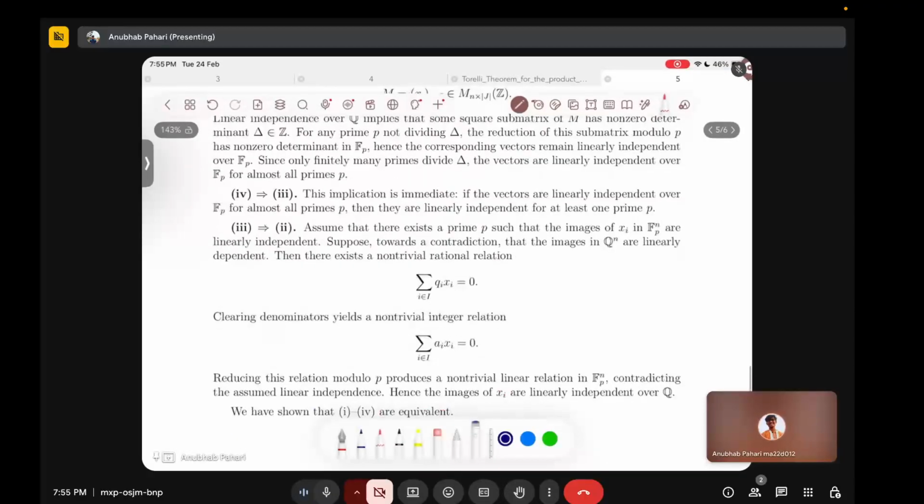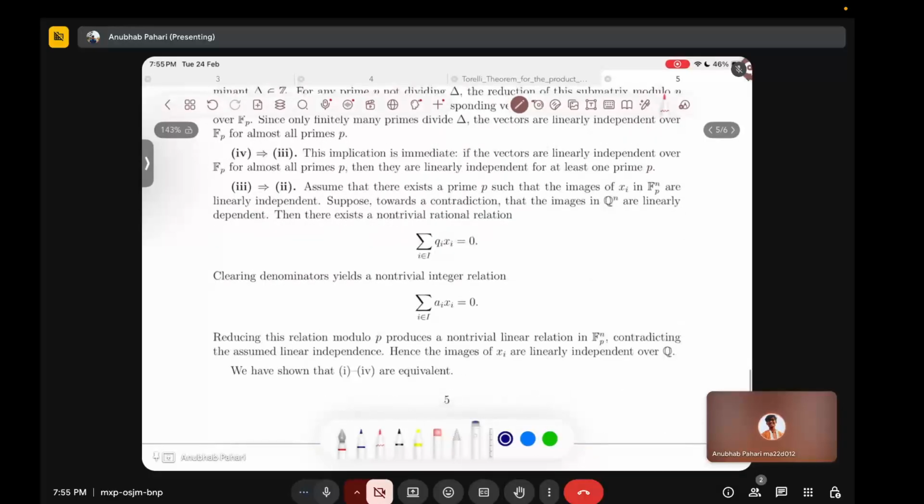So this is trivial. Now for 3 implies 2, assume that there exists a prime p such that images of xi in Fp are linearly independent. And suppose we say that the images in Qn are linearly dependent. We will show this by contradiction.